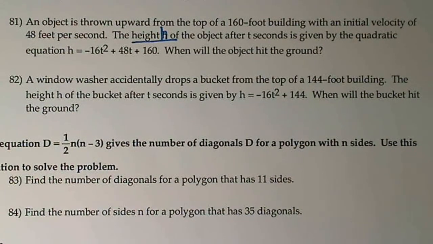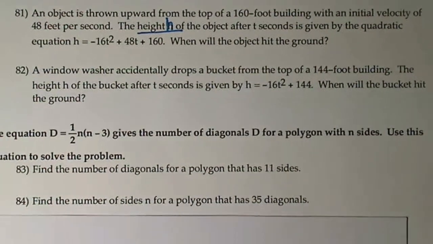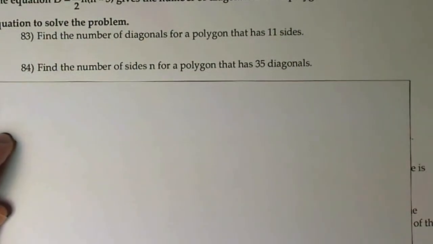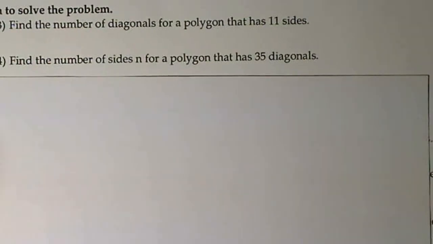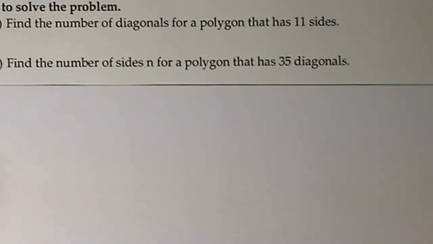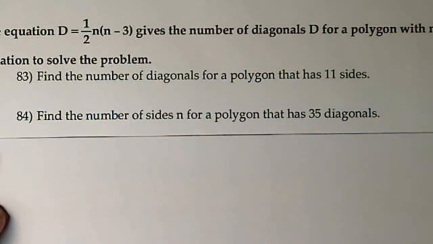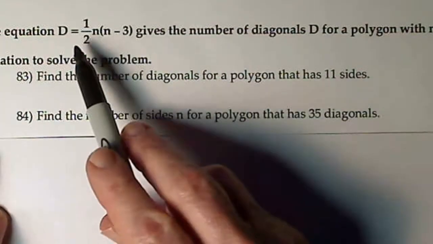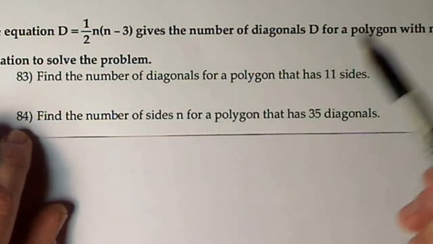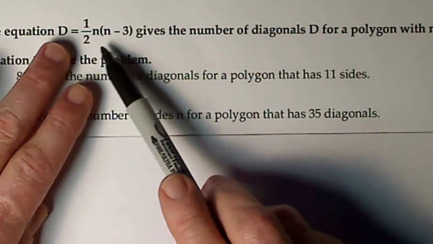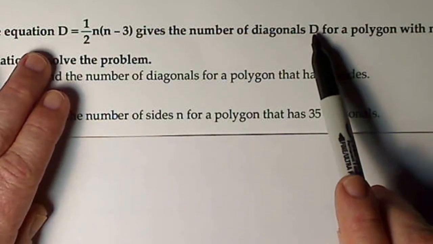The number of sides n for a polygon that has 35 diagonals. And the main thing is they've given us the formula up here, okay? So this tells us d equals all this, gives the number of diagonals d.